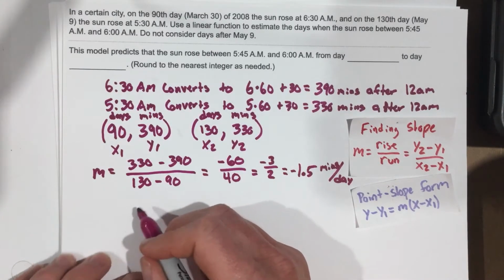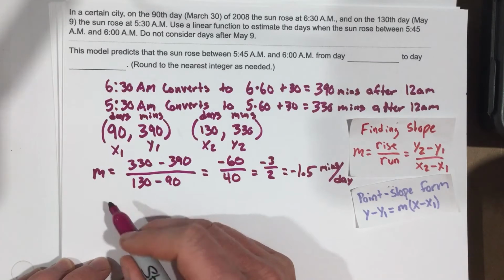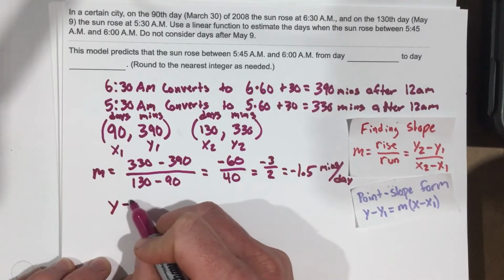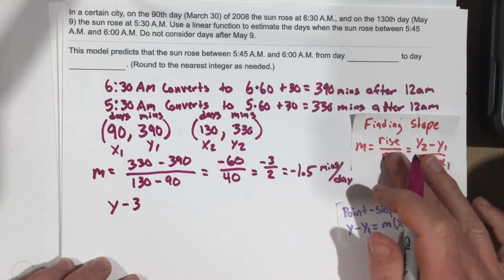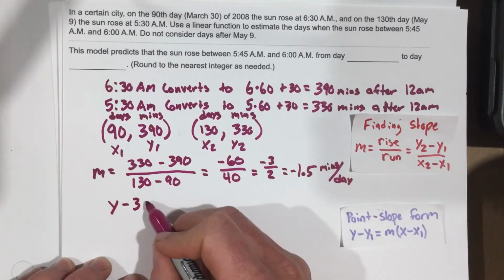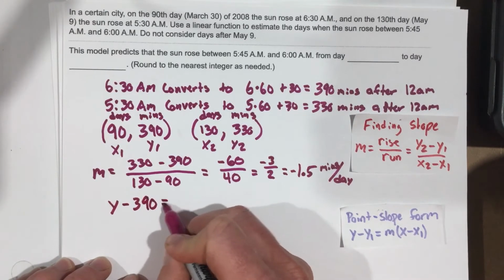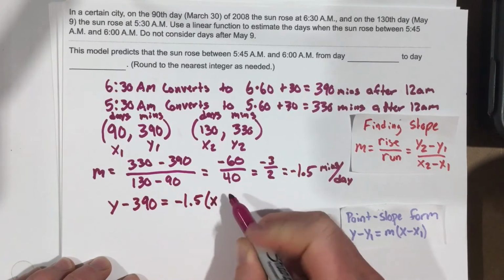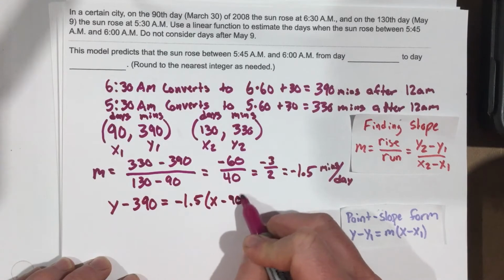All right, so now we're going to say y minus y1, which is 390. So y minus 390 equals negative 1.5 times x minus 90.